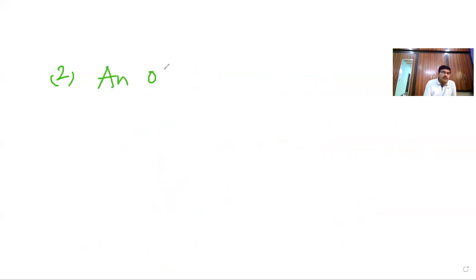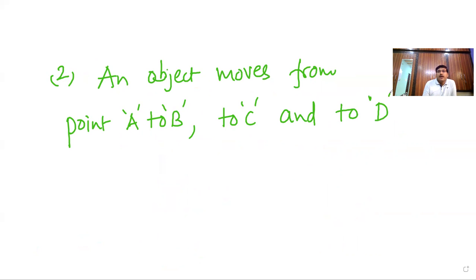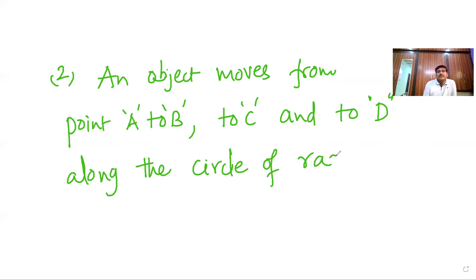An object moves from point A to B, to C, to D along the circle of radius 4 meters, as shown in the figure.